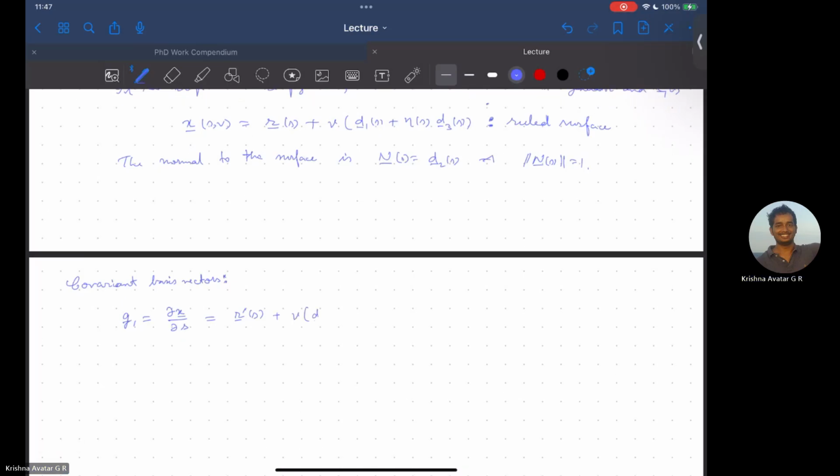Plus v d1 prime of s plus eta prime of s plus eta of s. Now we are using all those ideas about inextensibility.